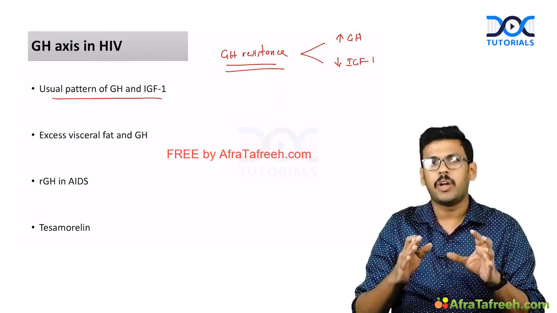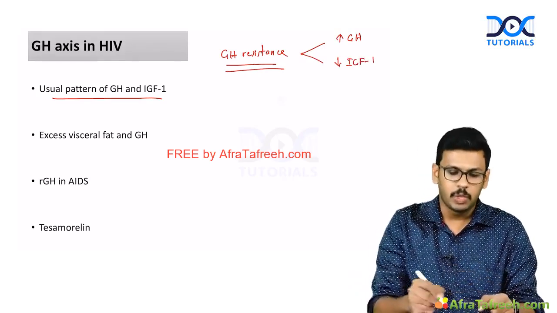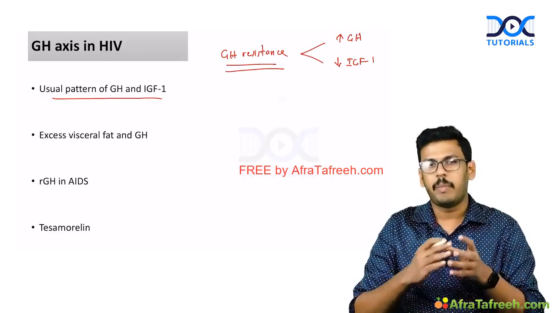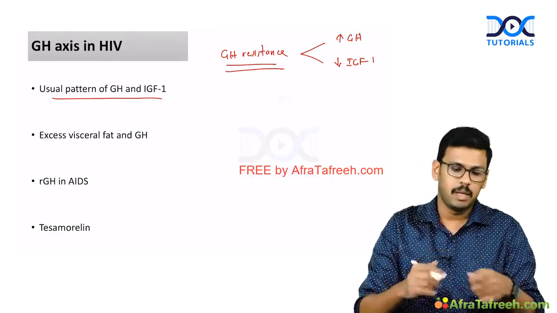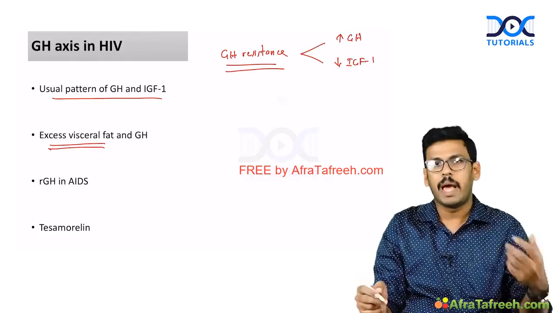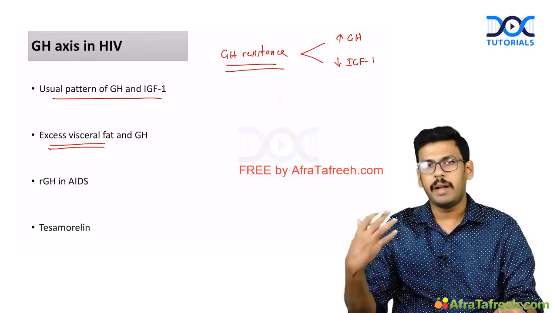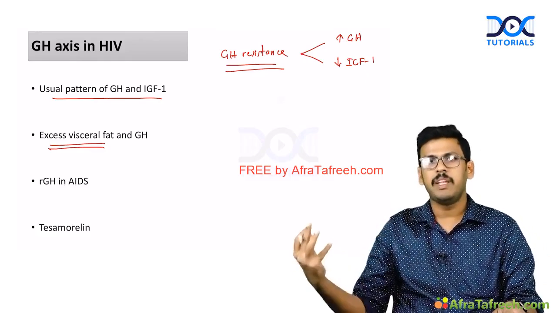But this is not always the case in a patient who has HIV infection. When the HIV infected patient has certain body composition changes, that means excess visceral fat, mainly due to lipodystrophy. In a patient with HIV induced lipodystrophy, the fat stores from the peripheries will be lost.